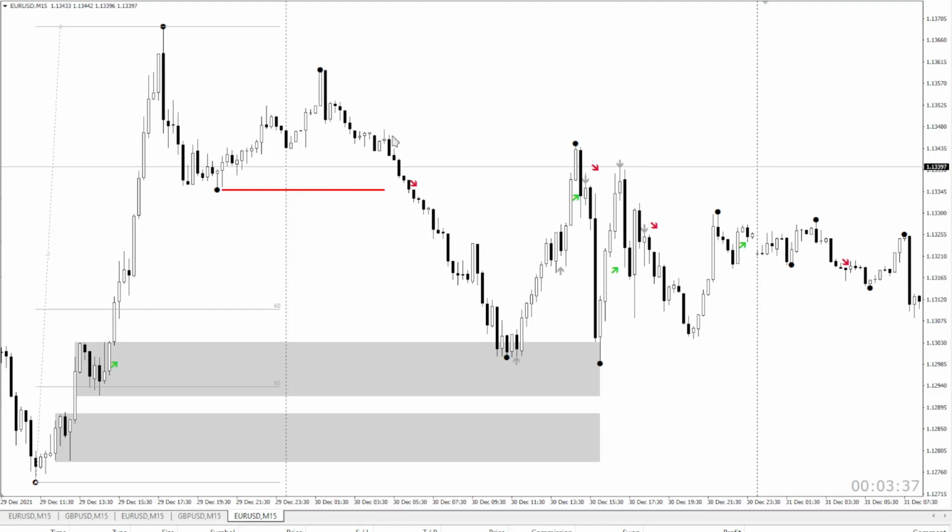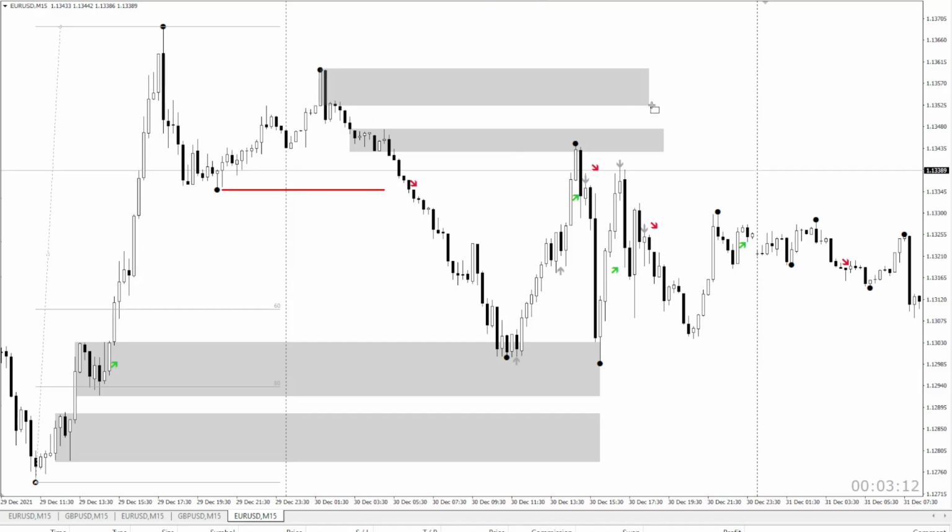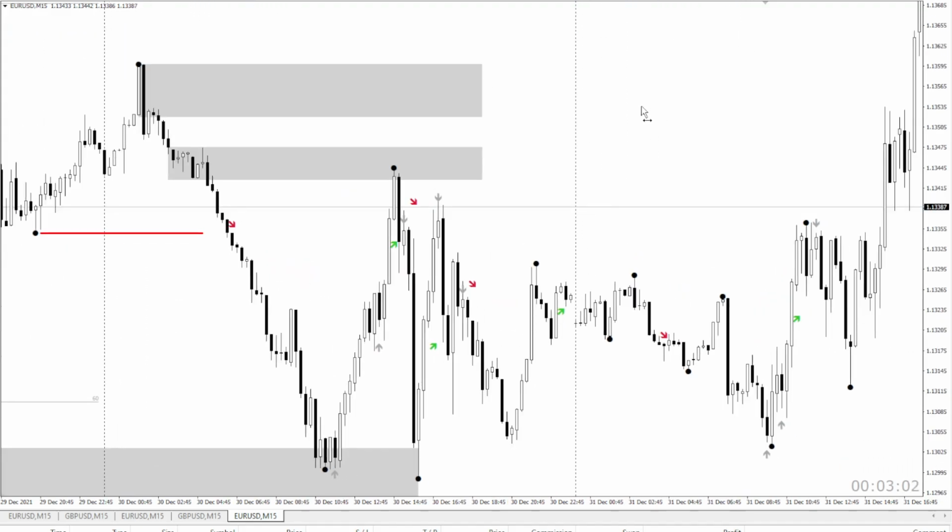And again, we can see here there's a consolidation zone. So we would go for this one. And then you would have an extreme order block as well. This one. All right, then we continue.